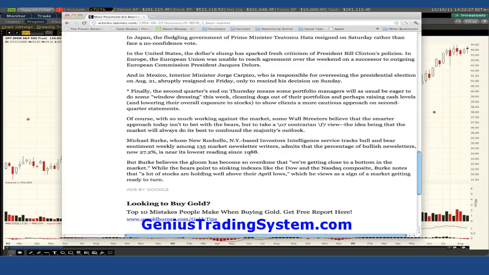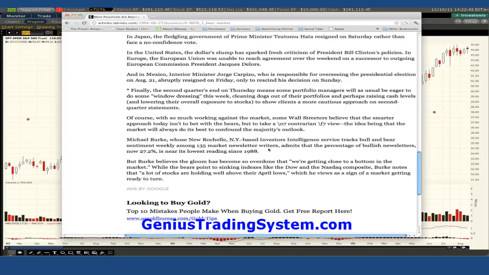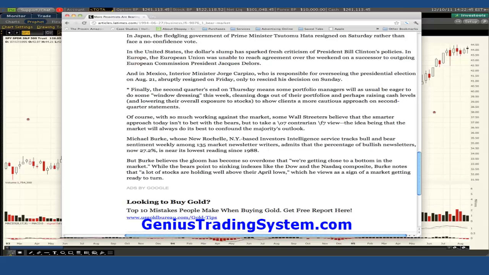Now, in 1988, just after the stock market crash of 1987, you remember that there was a huge rally. It dipped a little bit back down again in 1988, but after that, the market roared higher. Burke wisely concludes that the gloom has become so overdone that we're getting close to a bottom in the market.